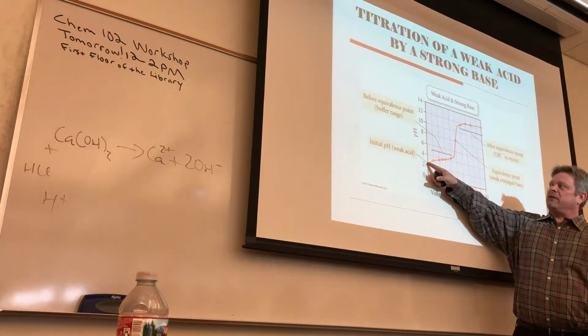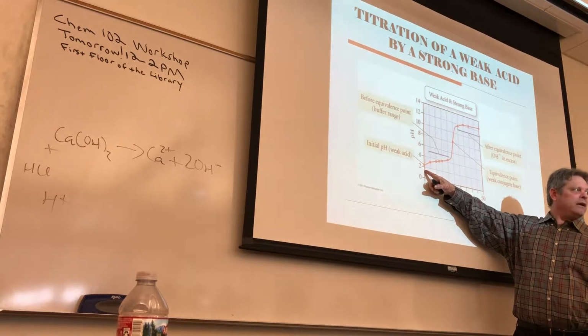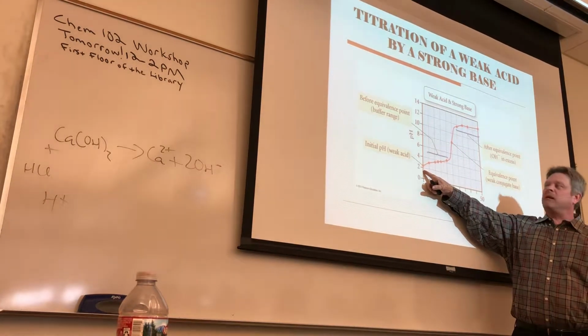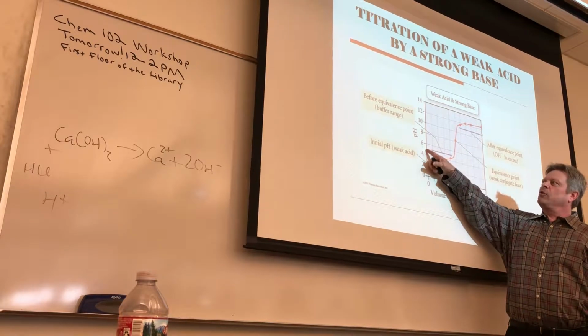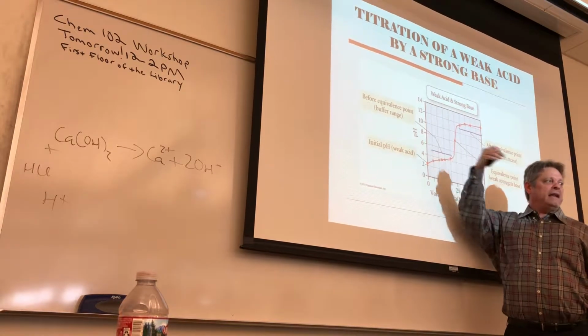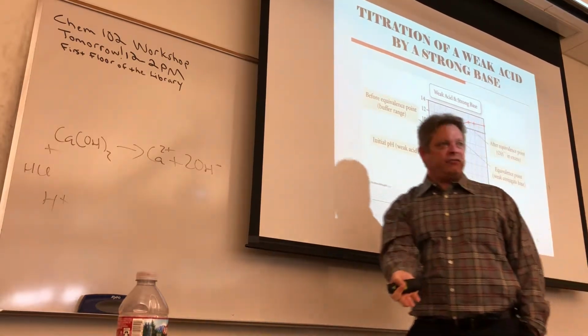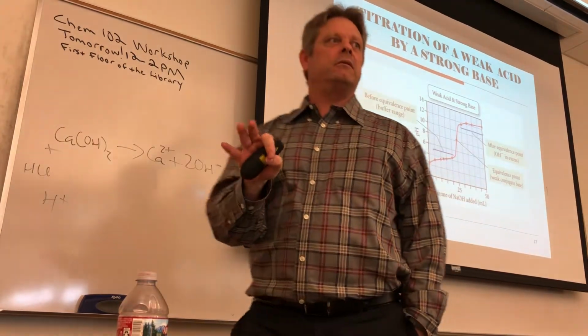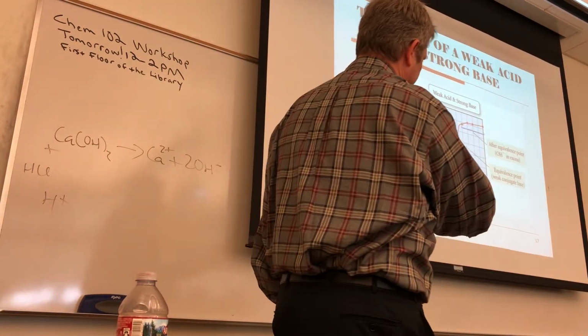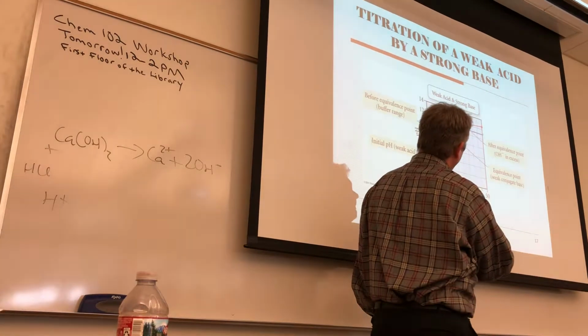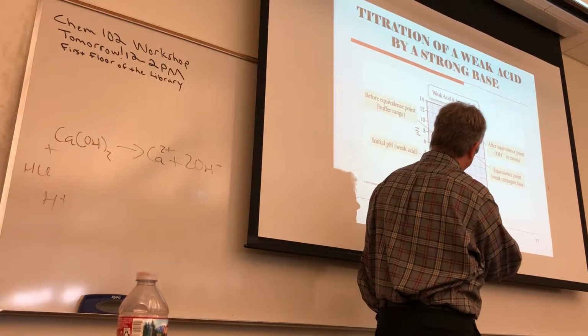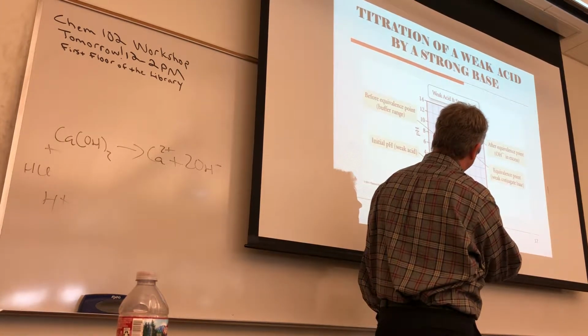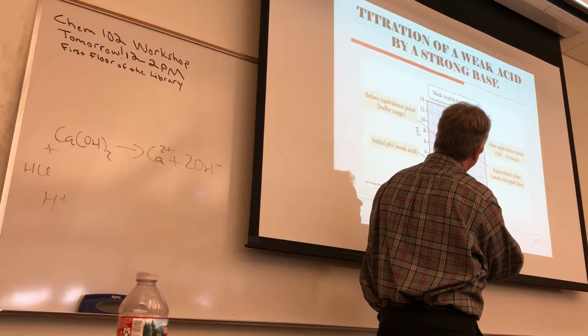So the strong acid should be the lowest starting point here, and as the acid becomes weaker and weaker, it should move up higher and higher at its start, before I've added any base to it. I've added no base. That's this part here. Now, you do see now, as I add the base, it moves up to here, and then look where the equivalence point is.